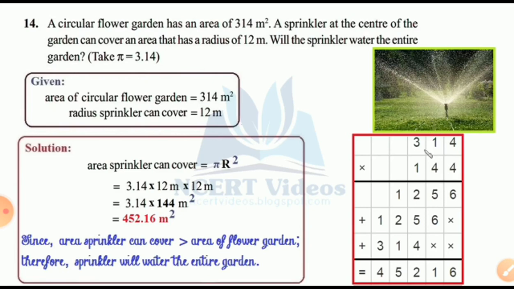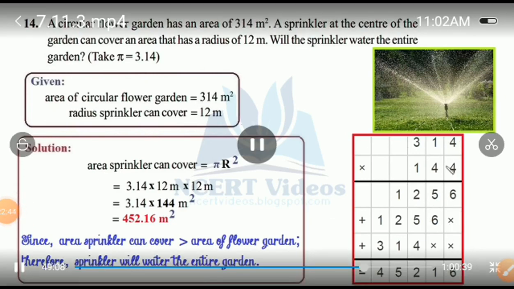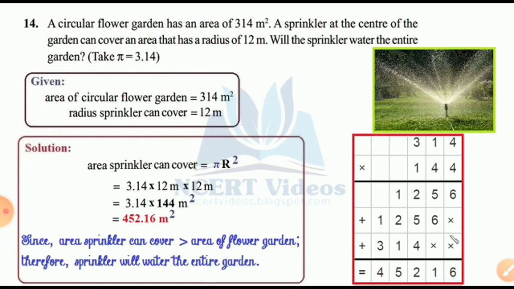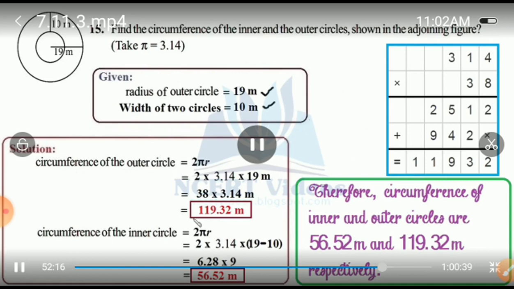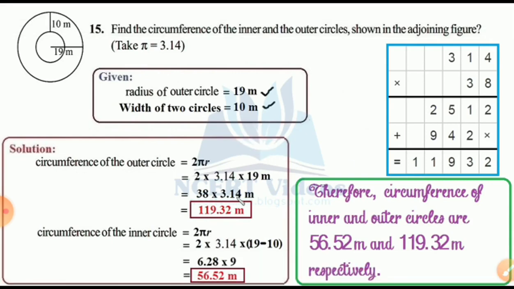I hope there are no questions on the 14th one. It is so simple. Now look at the question number 15. It is also a simple one. Find the circumferences of the inner and the outer circles shown in the adjoining figure.